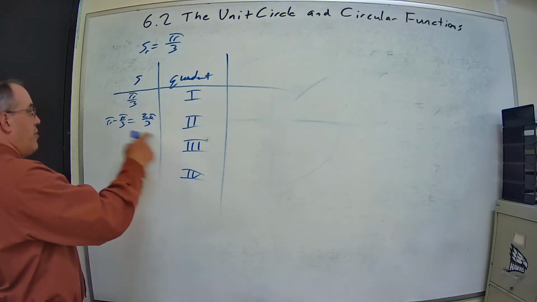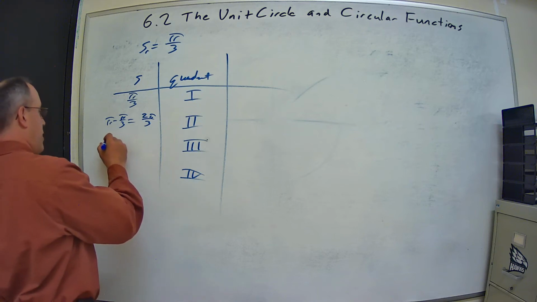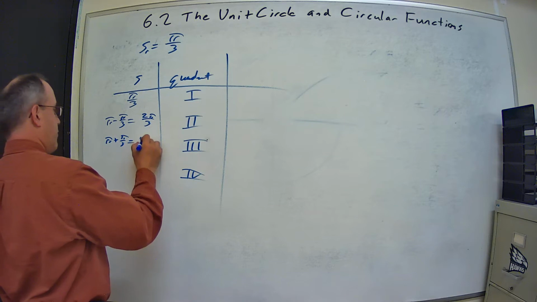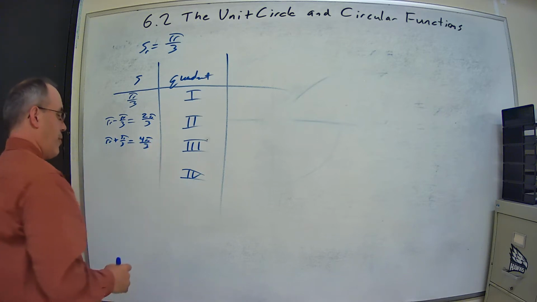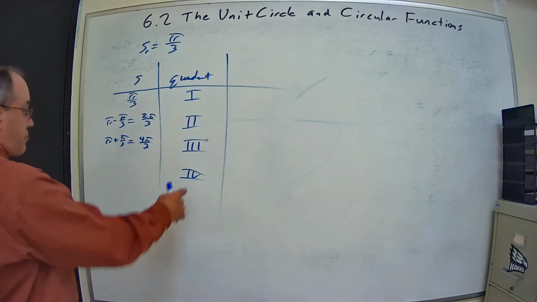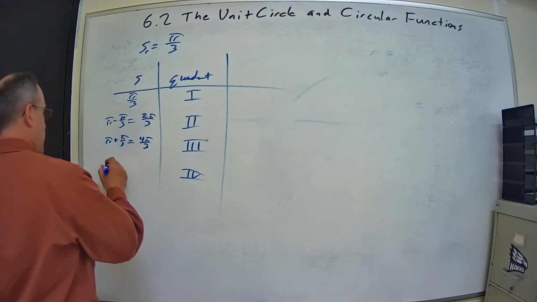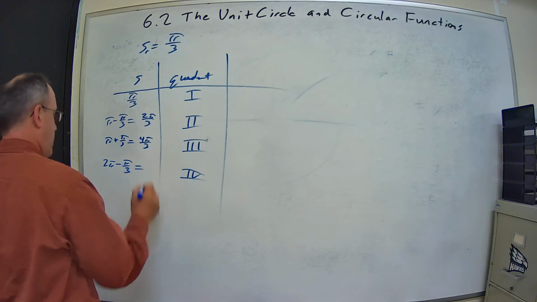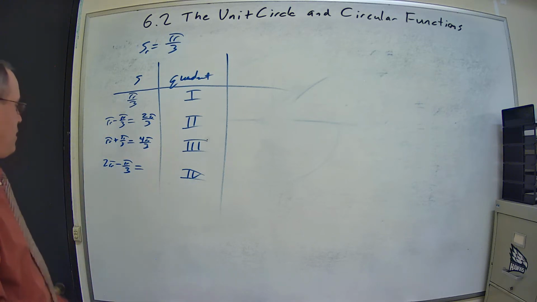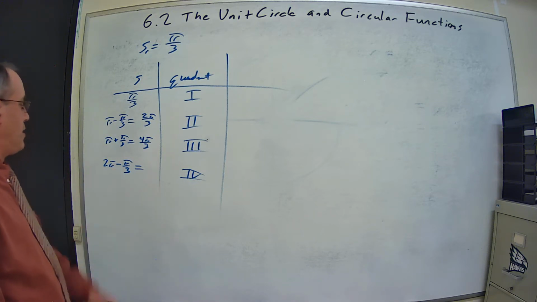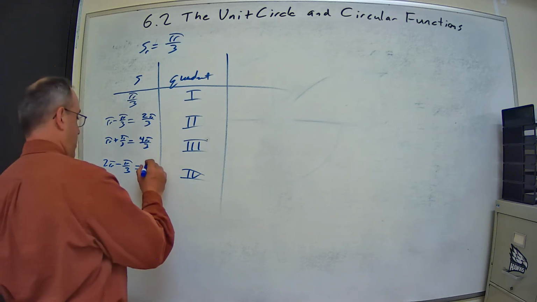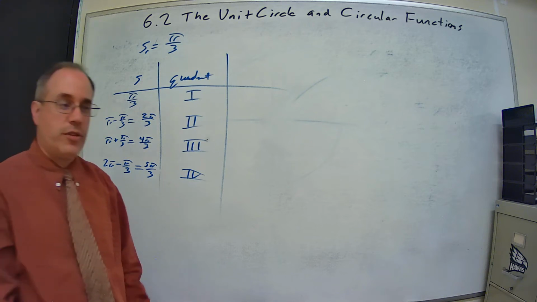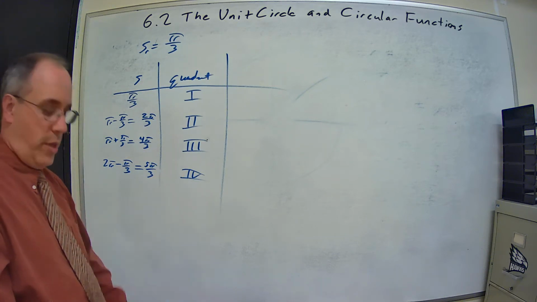In the third quadrant, pi plus pi over 3, which gives us 4 pi over 3. And then in the fourth quadrant, it's going to be 2 pi minus pi over 3, which is 6 pi over 3 minus pi over 3, is 5 pi over 3. So those are our angles, and those are the quadrants associated with it.